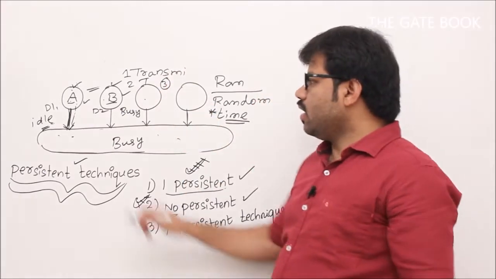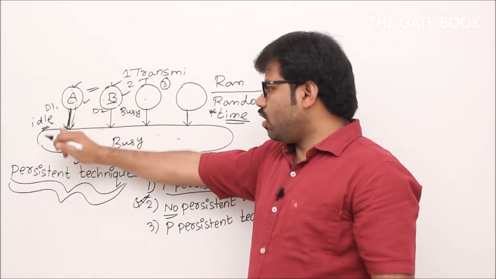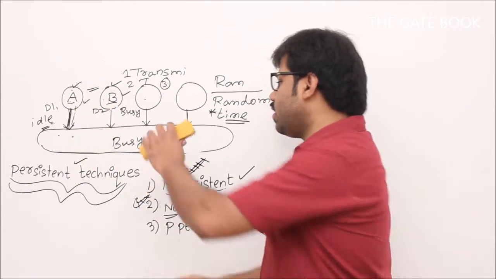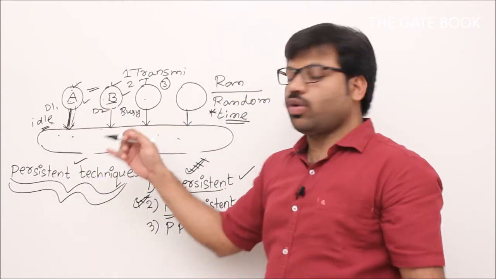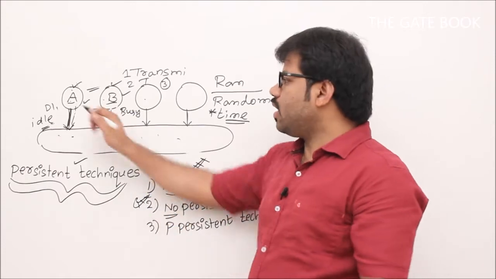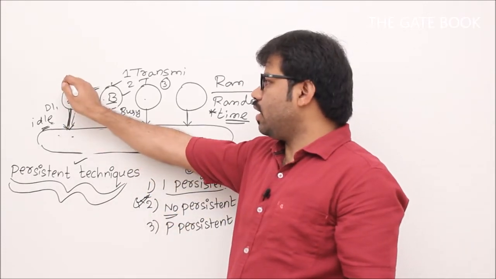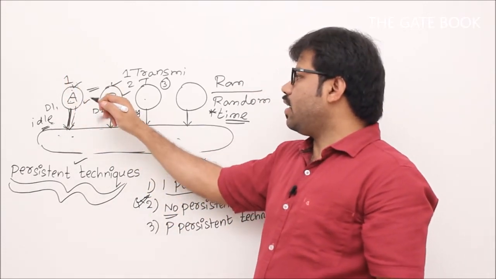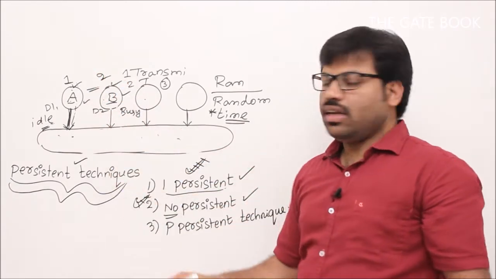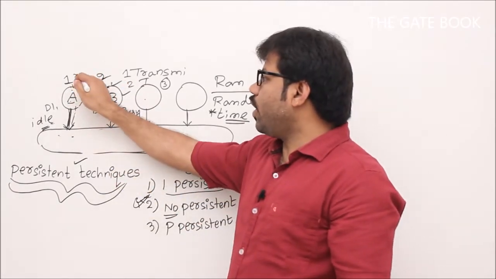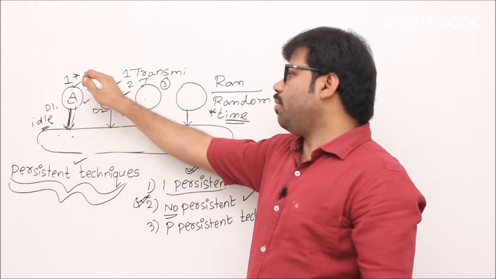For example, say station A and station B want to send data and they find that the channel is busy, so they are going to generate random numbers. Say A generated random number 1, B generated random number 2. Then station A is going to wait for 1 times the frame transmission time.